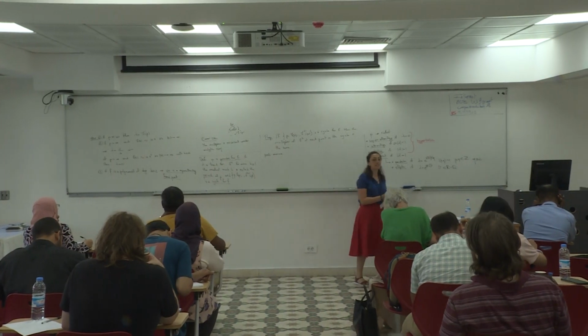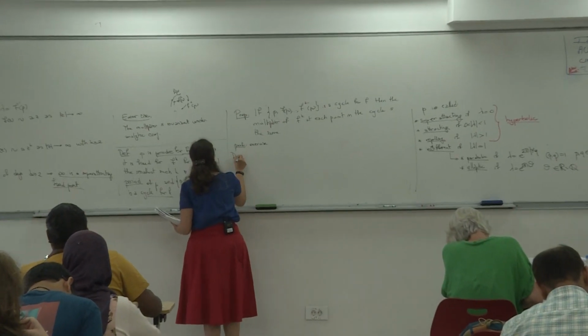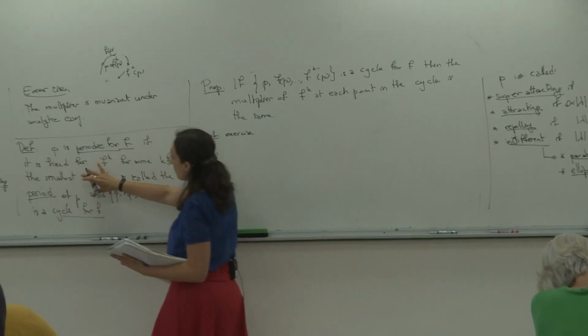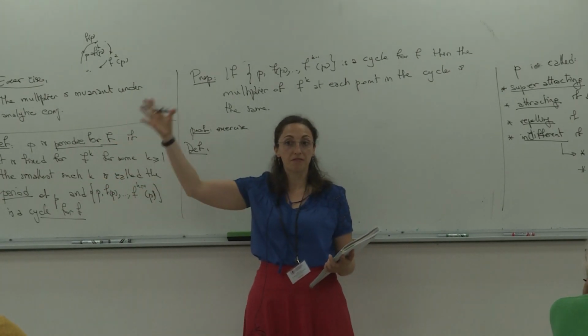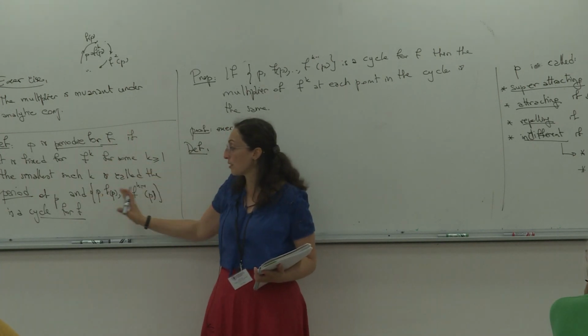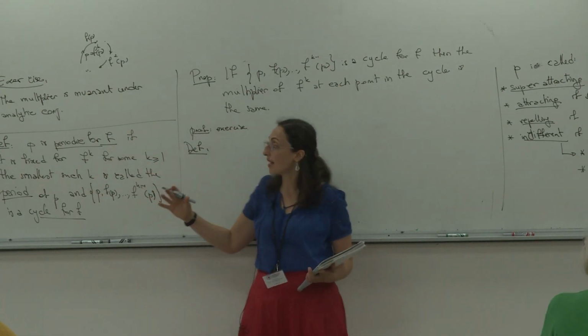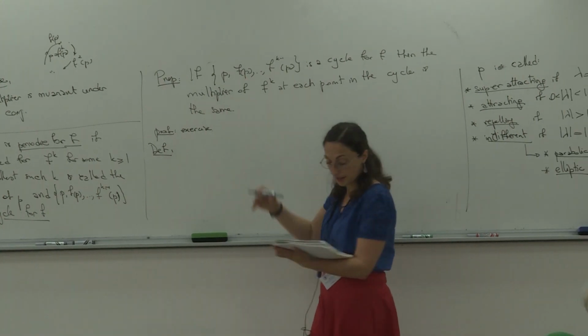But once we have this proposition, then what we can do, we can define, so we have a cycle, we have a periodic point for f of some period. So we defined the multiplier for a fixed point. We can define the multiplier at a cycle. So the multiplier at the cycle will be this multiplier of f to the period. Okay?